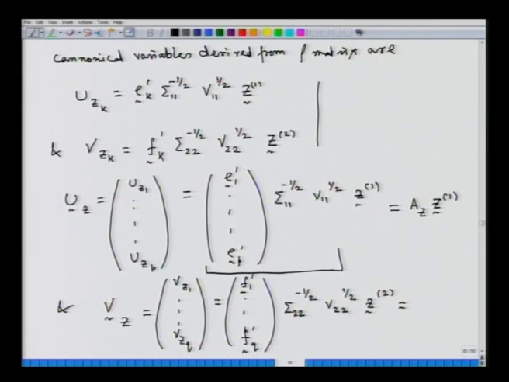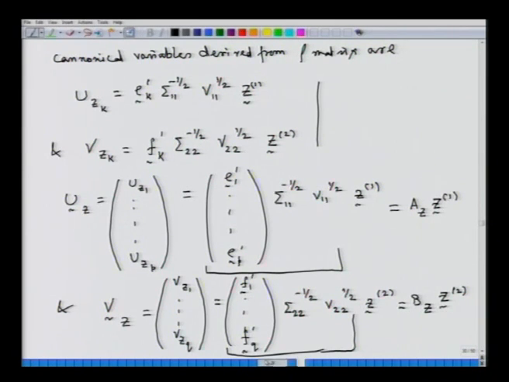We denote this matrix by B_z, so this is B_z times the Z2 vector. This is what we get if we are looking at the standardized variables.